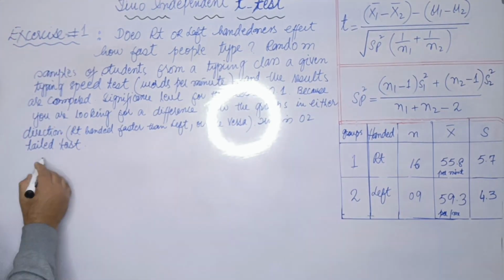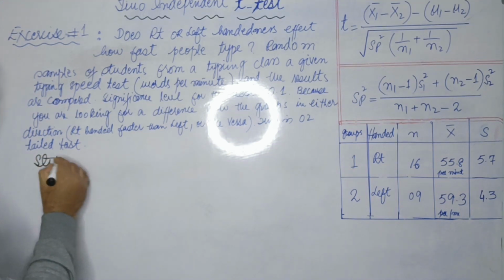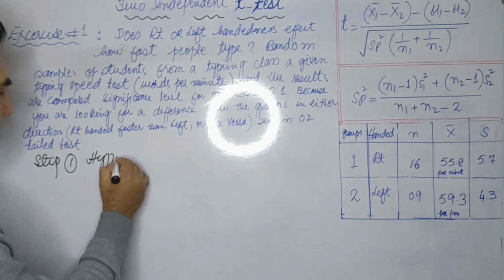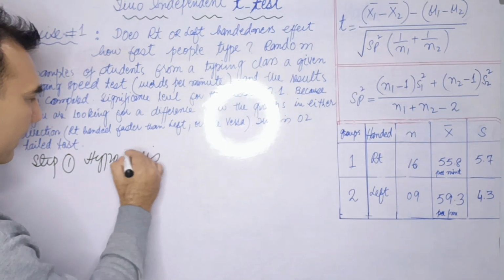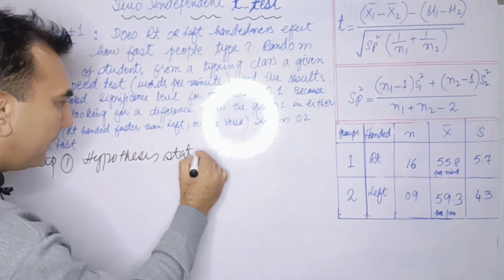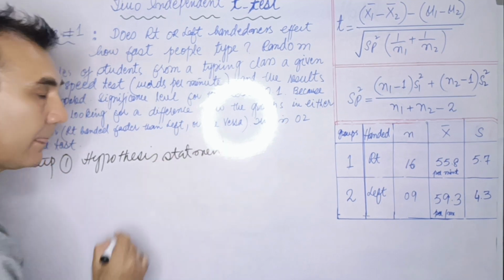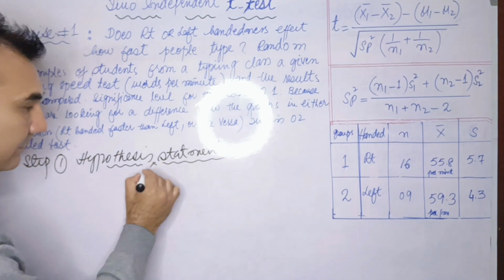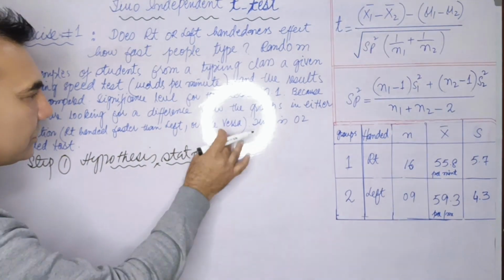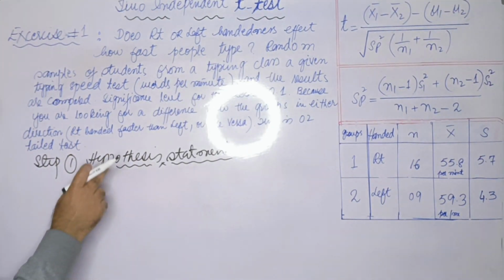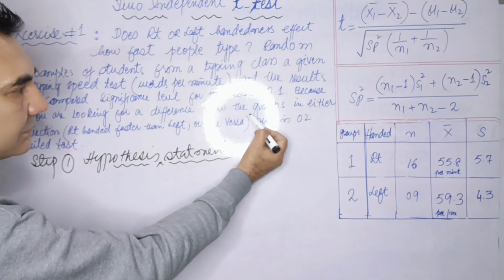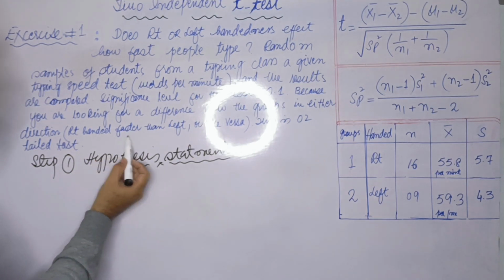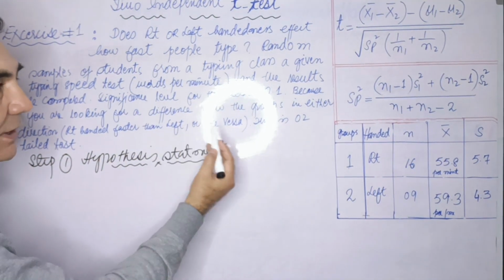Now the first one, step number 1, we will write down the hypothesis statement. As it is claimed in the result, the difference between the groups is in either direction, right-handed or left-handed, whichever is faster.